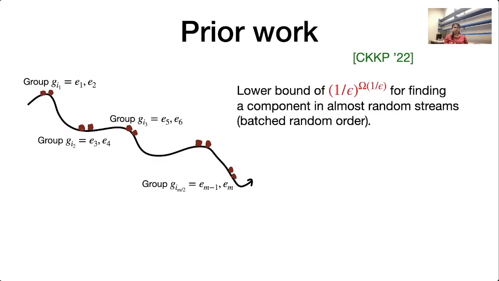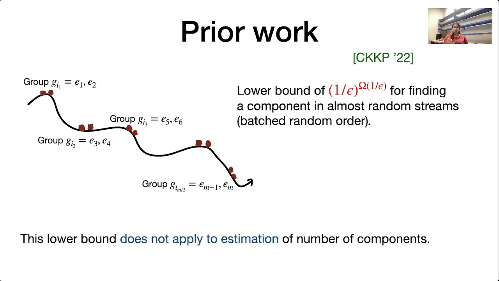So in this model, the CKKP 2022 paper showed that to find a connected component, you require 1 by epsilon raised to omega of 1 by epsilon space. So this lower bound does not apply to estimation of the number of connected components, and it does not apply to random order streams. I am now going to talk about our results.